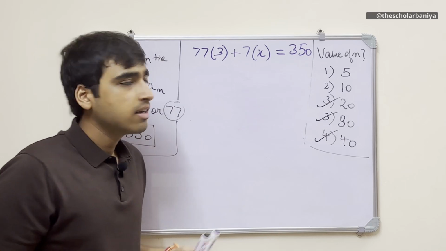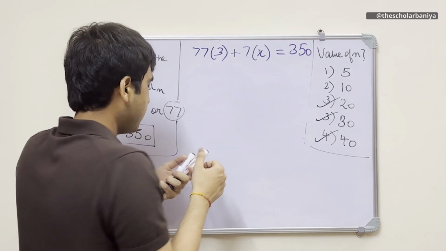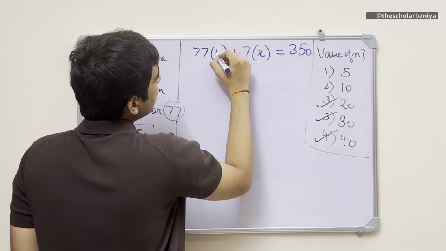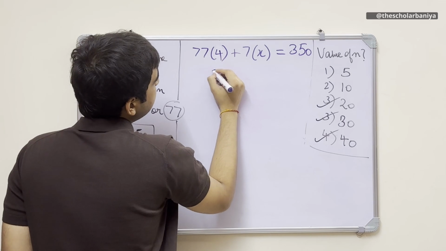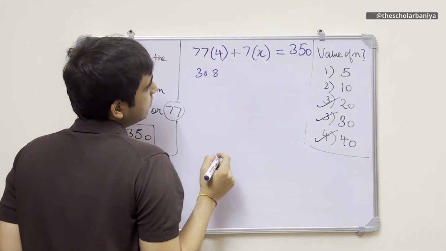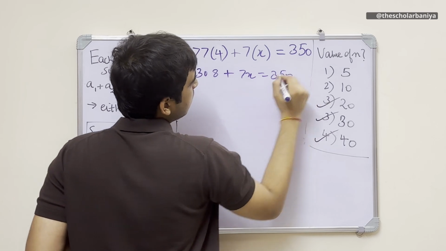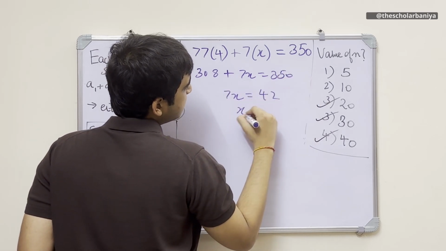Now if I do 4 times over here, for example 77 into 4, what will I get? 4 7s are 28, so 308, right? Plus 7x is equal to 350. So 7x is equal to 42, so x is equal to 6.